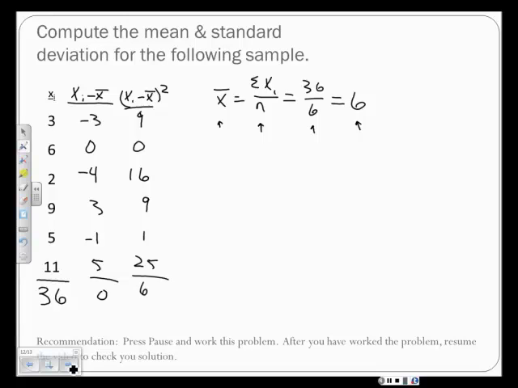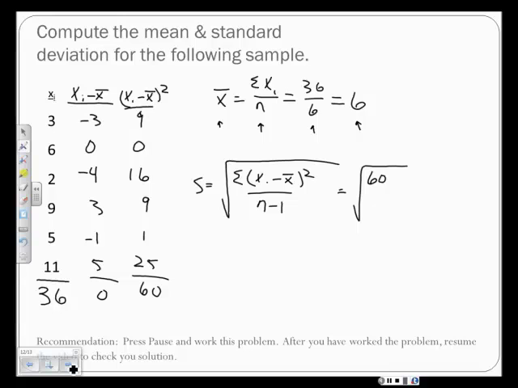I'm getting 60 there. And so the sample standard deviation is equal to the square root of the sum of the squared deviations divided by n minus 1. That's equal to the square root of 60 divided by 5. There's 6 values minus 1. So the square root of 12.